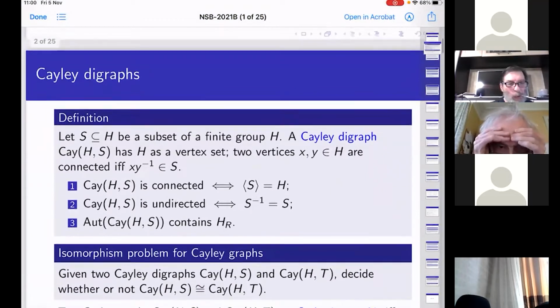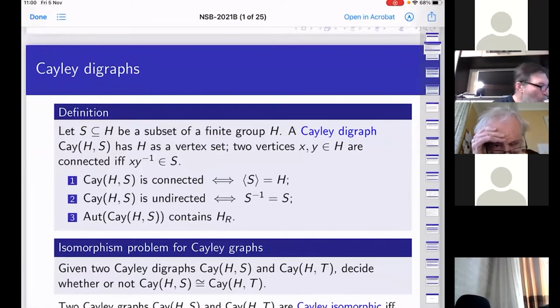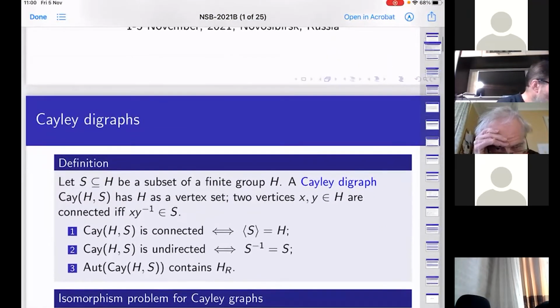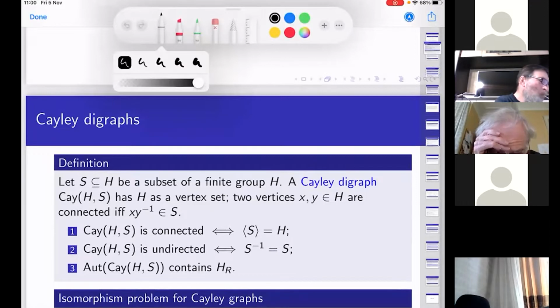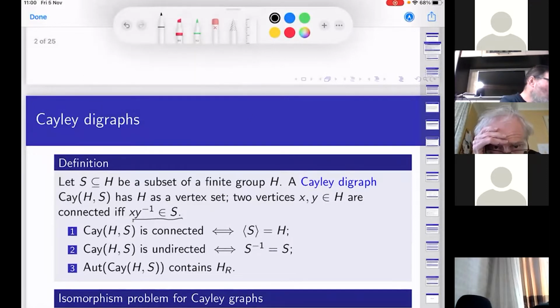Of course, everybody knows what a Cayley graph is, but let me remind you: I take a finite group, I take a subset of the finite group, and then I define a graph connecting two vertices if they satisfy this inclusion.